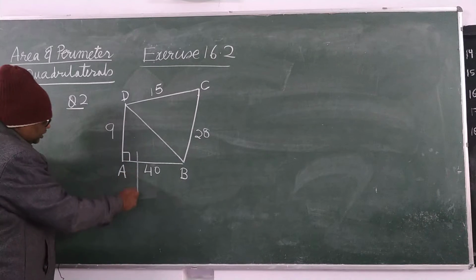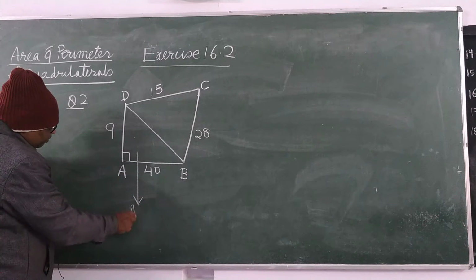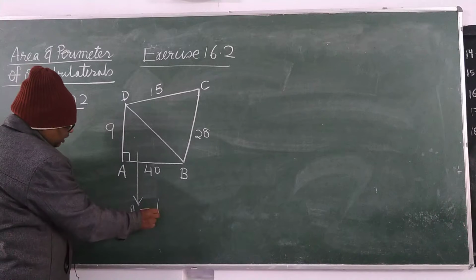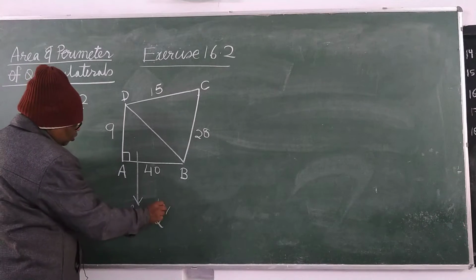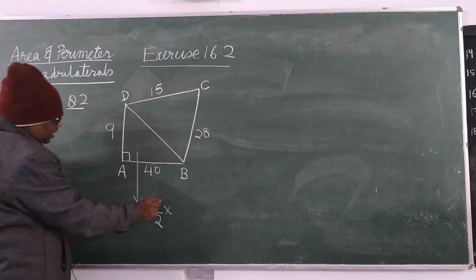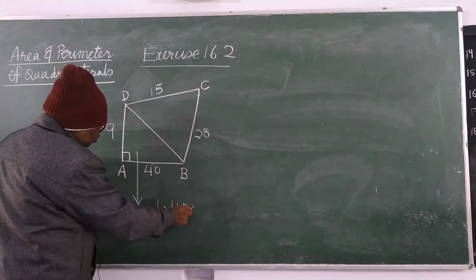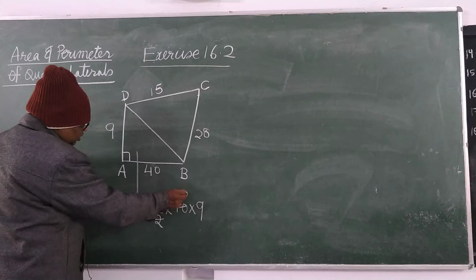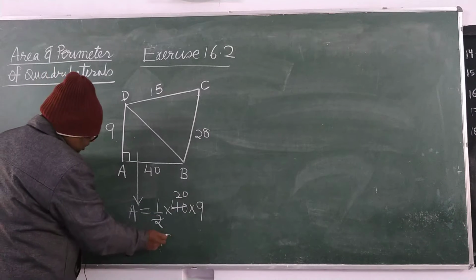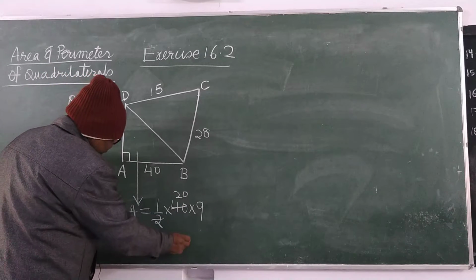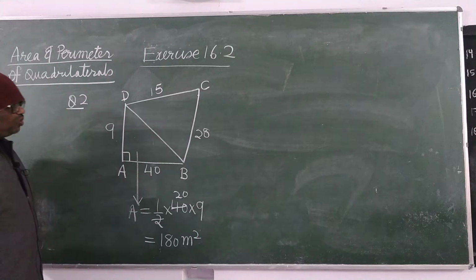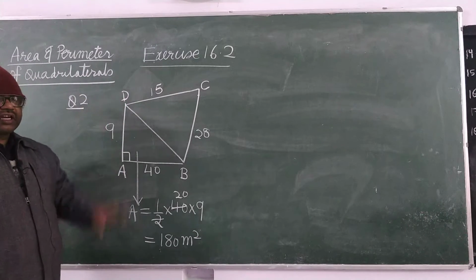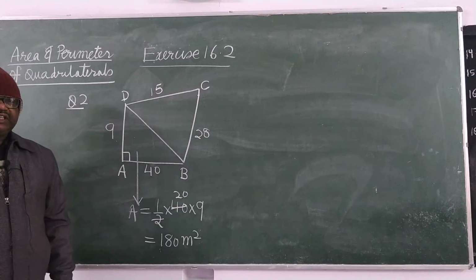I am just explaining, 1/2 product of sides containing right angle, 40 into 9. So this is 20 into 9, equals to 180 meter square. Now you have to find the area of this triangle, triangle BCD.